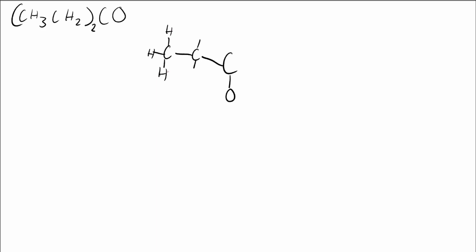So CH3, CH2, that is connected to the central carbon, and it's going to be the same thing on the other side: CH2, that carbon is connected to a CH3.